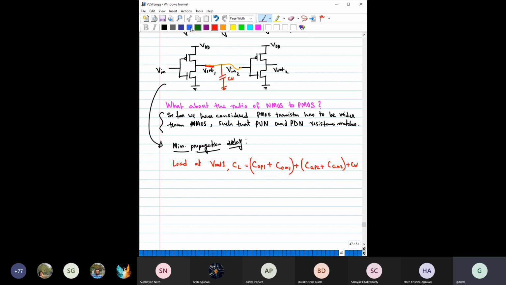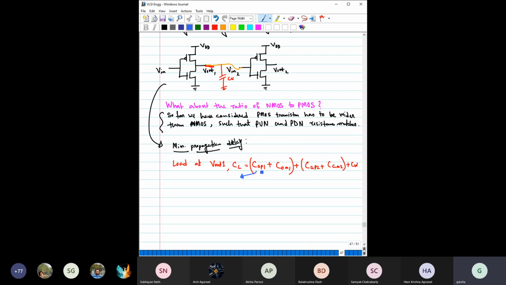Here you can easily understand. P1 means the first inverter, 2 means the second inverter, P means PMOS, N means NMOS, O is for output, and G is for gate input.